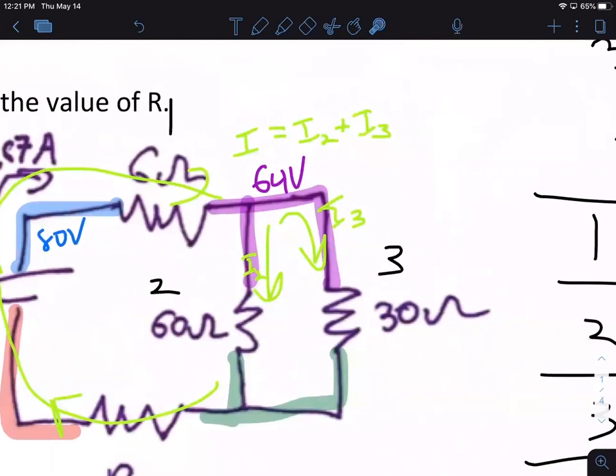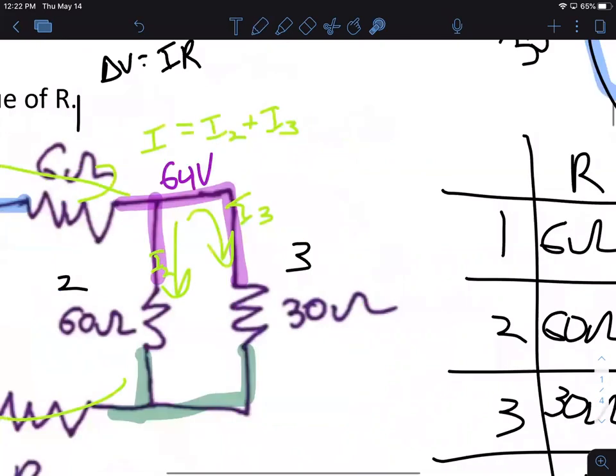But we do recognize, it's hard to see this, that this resistor is half the resistance of this one, which means this one's going to get twice as much current, because if they're going to change the voltage by the same amount, and delta V equals IR, that means if this has half the resistance, it needs twice as much current to get the same delta V. So we can use that idea to help us find what that current is.